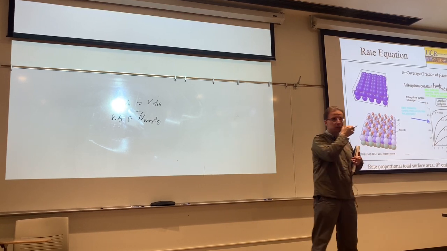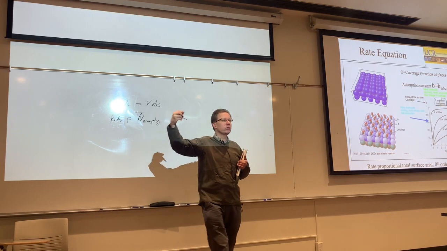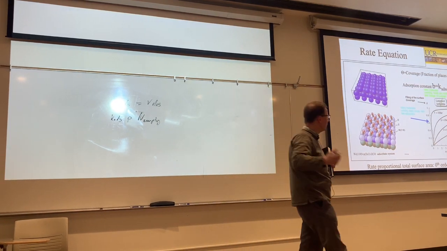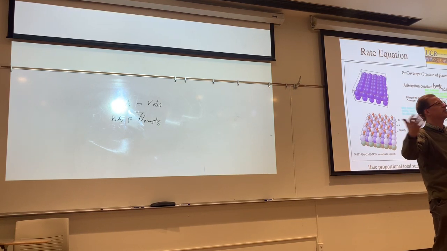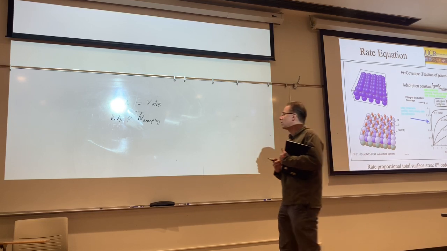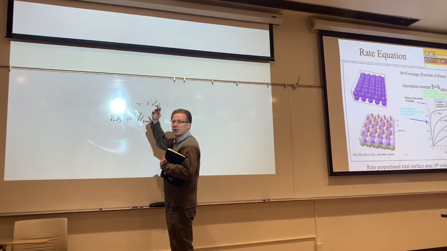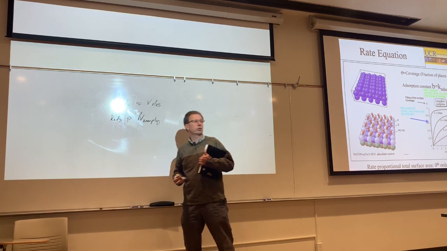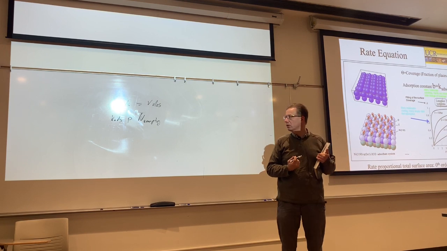In order to have an adsorption event happen, we need to have molecules in the gas phase. How many molecules do we have in the gas phase? The pressure is linear to that, PV equals nRT, so P is proportional to n. So we also found earlier that the rate at which molecules impinge on the surface is proportional to the pressure. So the pressure is a good measure for that.